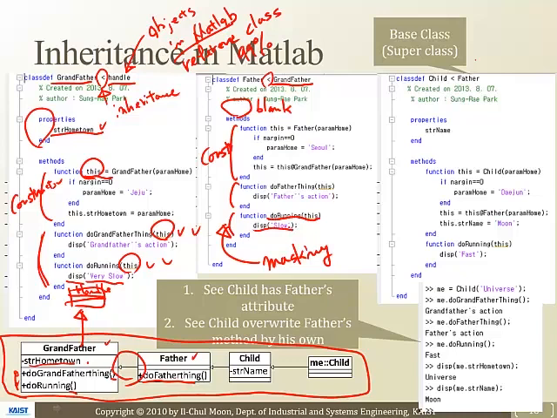What happens is that if we instantiate this father rather than grandfather, and if we call do running, it displays slow, by masking. If we instantiate this grandfather, then if we call do running, it will display very slow. Okay?